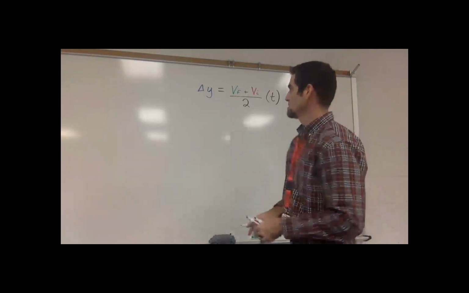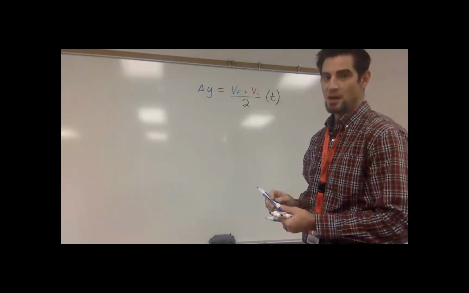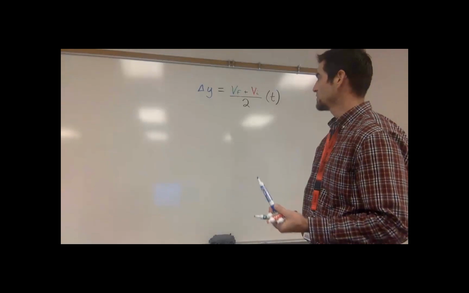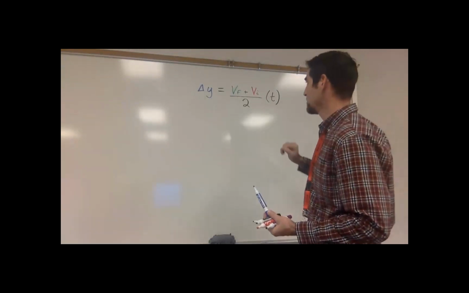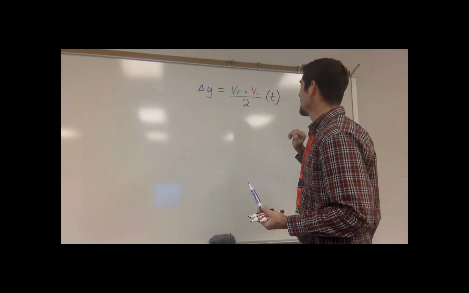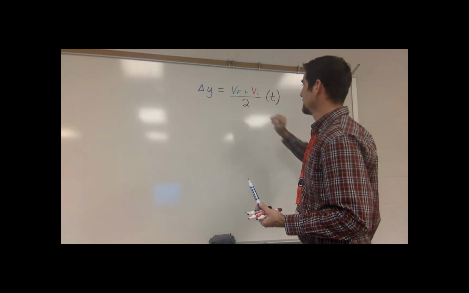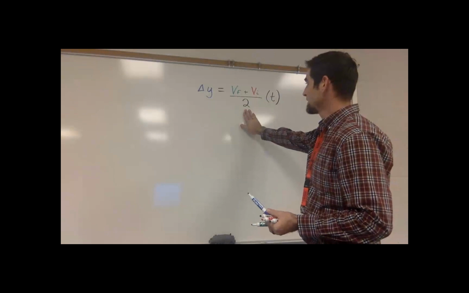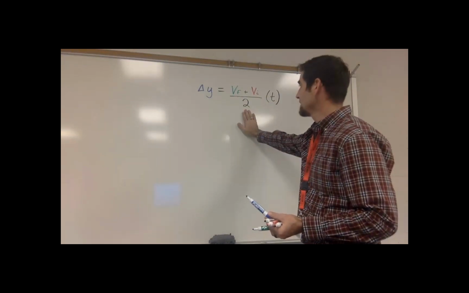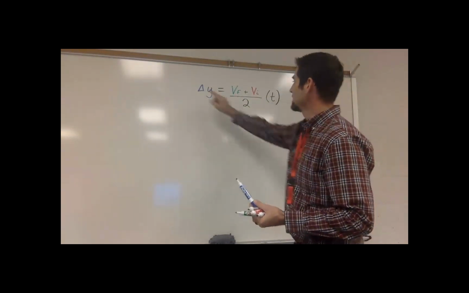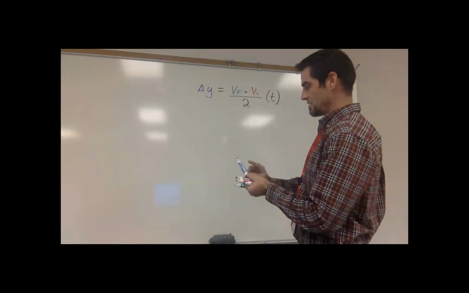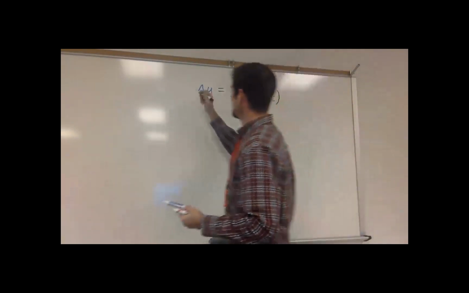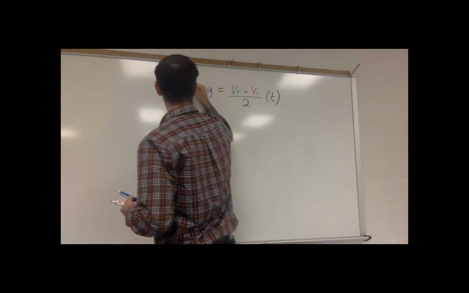All right, let's do one more quick example of how to rearrange the equation to solve for a particular variable. Let's say this time I want to solve for final velocity. First, let's do the same steps we did last time in the beginning. We multiply by 2 on both sides to get rid of this 2 down here. So we're going to multiply both sides by 2.